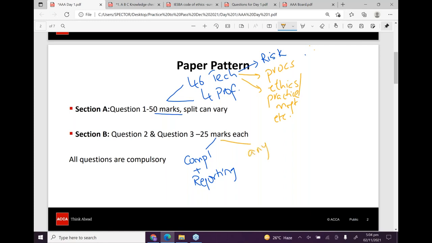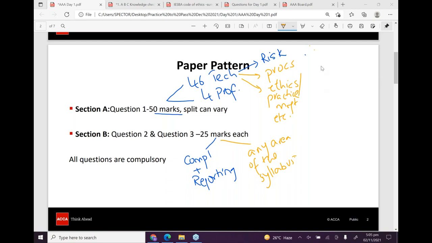So any area of the syllabus, there's absolutely no trend. This could be an entire question on procedures. It could be an entire question on other assignments. It could be an entire question on ethics. There is absolutely no trend to this at all. Please understand, and this is the case with all ACCA Strategic Professional level papers, there is absolutely no way you can have selective studies.